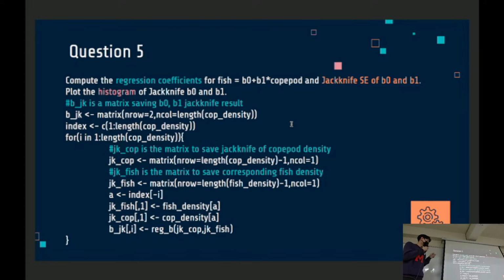So I set up a for loop and use the negative i index to remove each of the data points, and save the corresponding data to JK fish and JK cop, and then use the regression B function to calculate the regression coefficient easily.